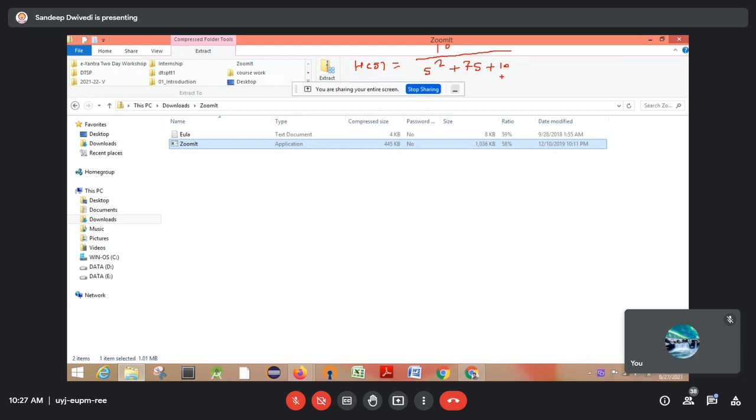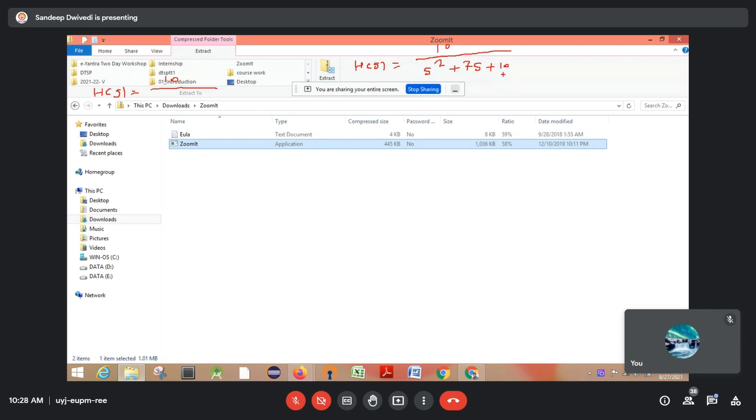s square plus 7s plus 10. So this is your H(s). Now you need to make partial fractions of this. So H(s) is equal to 10 upon the denominator, so 7s and 10.